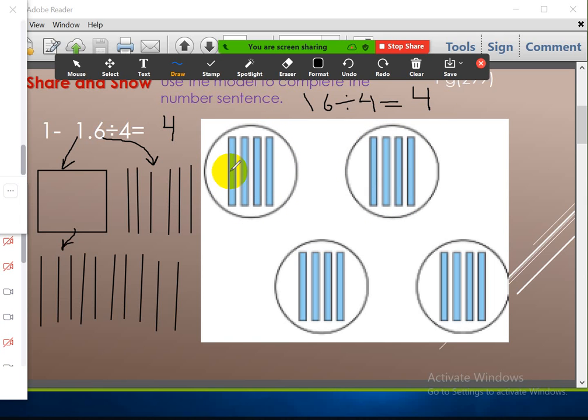Of course here I have 4 longs, but what does the long represent here? The tenths digit. That means I have 4 tenths. Very good, Larissa. 4 tenths.